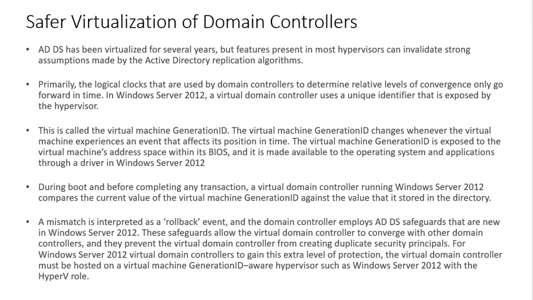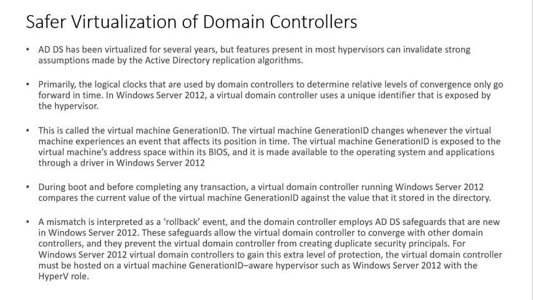This is called the virtual machine generation ID. The virtual machine generation ID changes whenever the virtual machine experiences an event that affects its position in time. It is exposed to the virtual machine address space within its BIOS and made available to the operating system and applications through a driver in 2012.